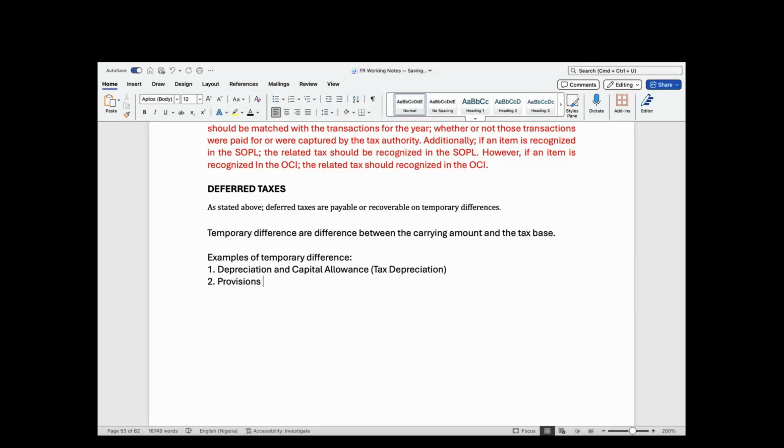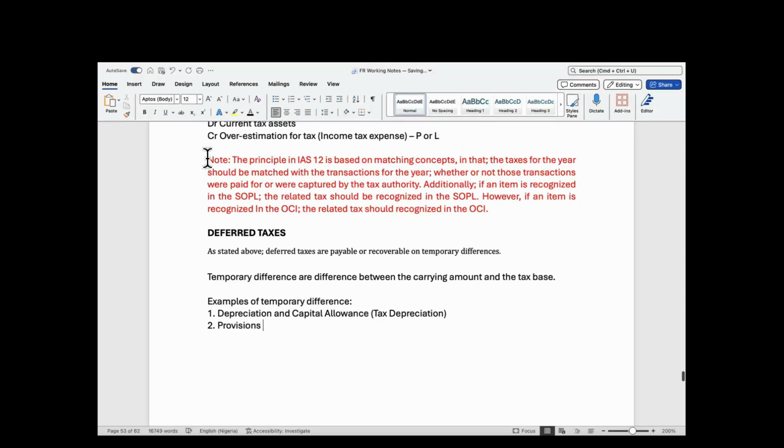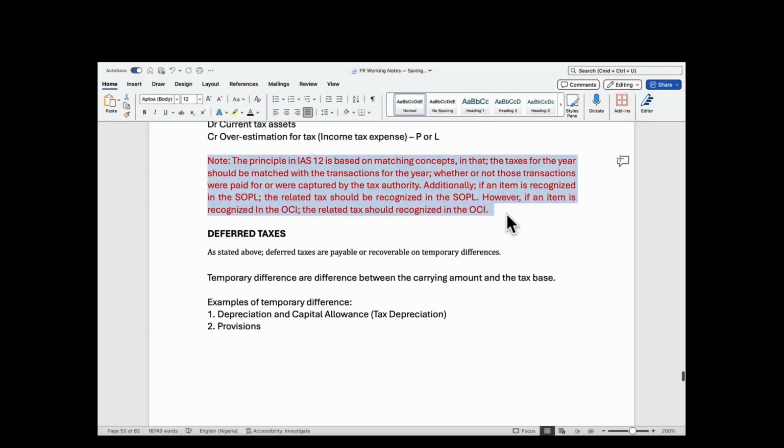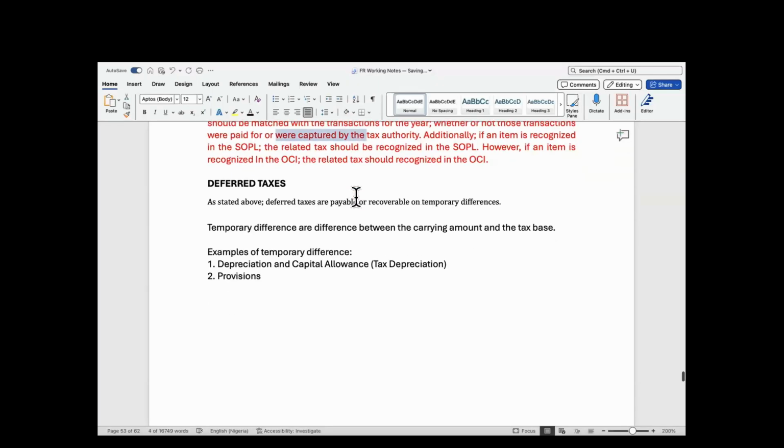Which is what I was explaining here, that we need to ensure that for all transactions that occur for the year, we capture the tax effect, whether or not the transactions were paid for or were captured by the tax authority.